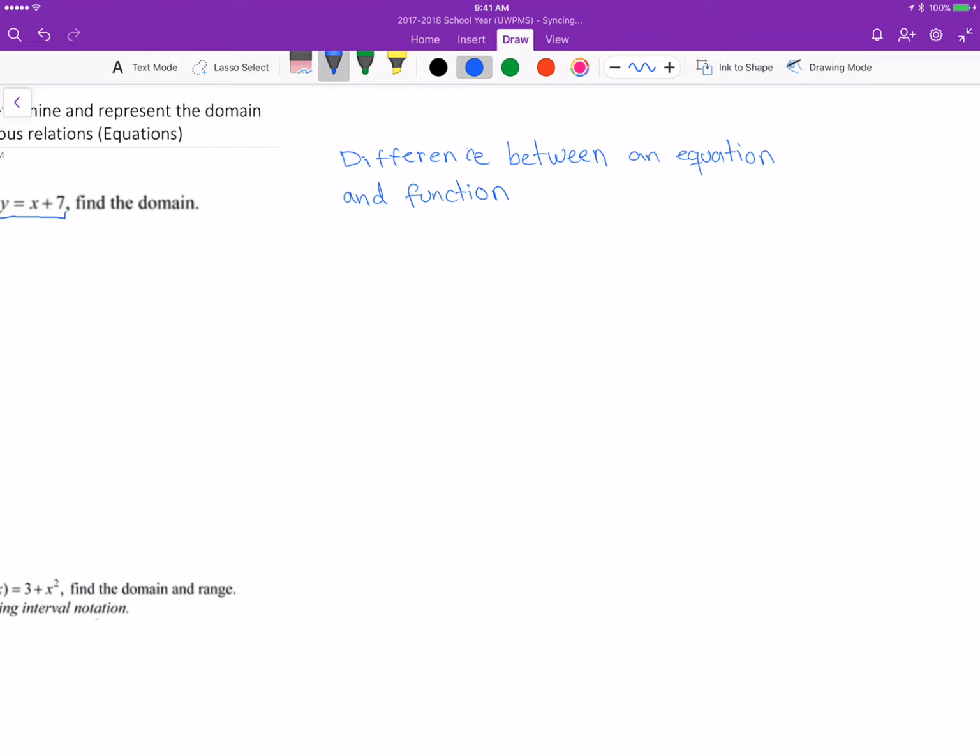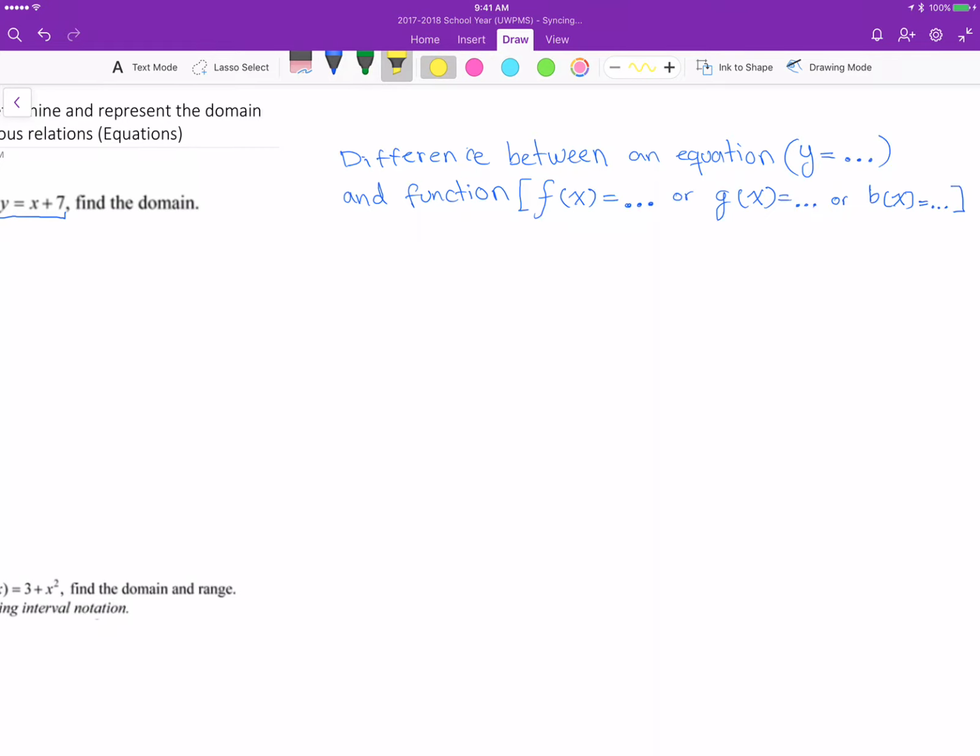In an equation, you have y equals whatever. In a function, you have the following notation. Function of x equals, or you could have g of x equals, or you could have b of x equal whatever the letter might be.